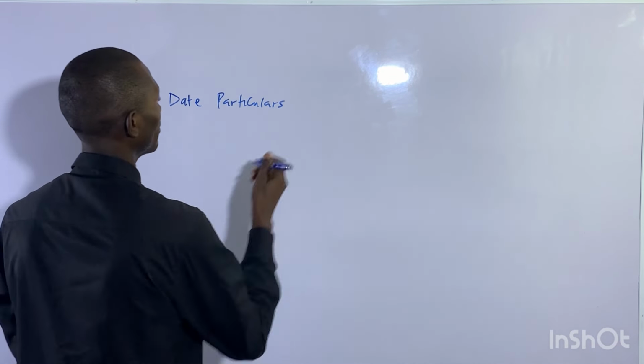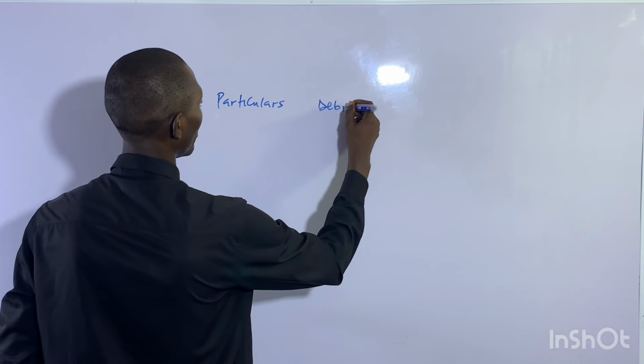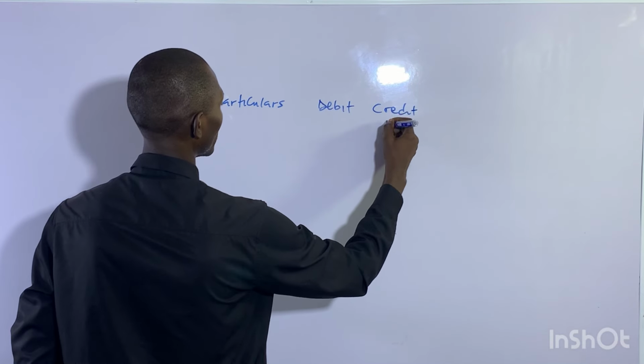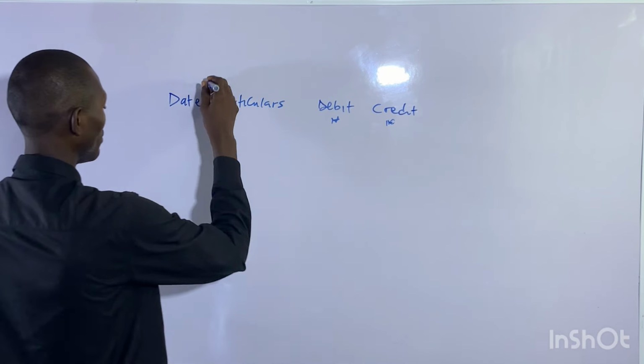Date, particular, then we have debits and we have credits. That's the format of a trial balance.